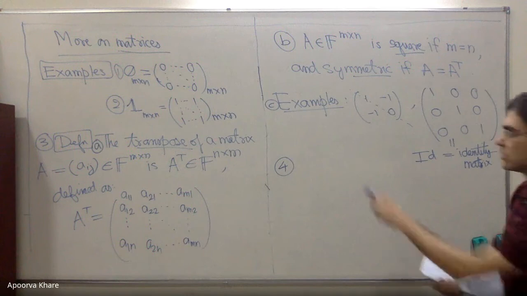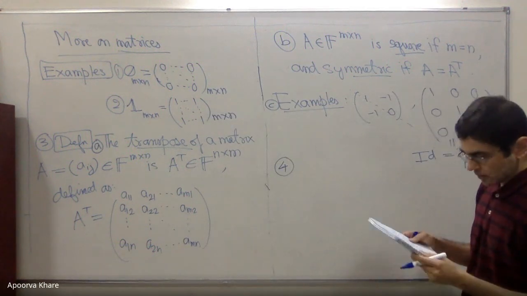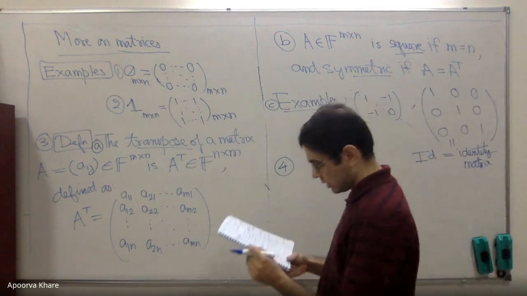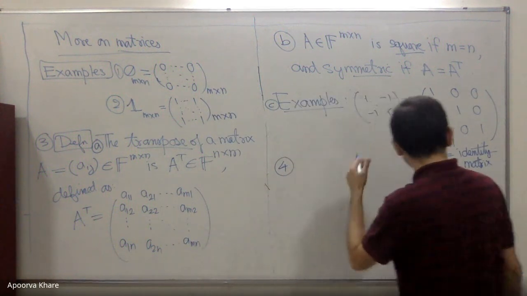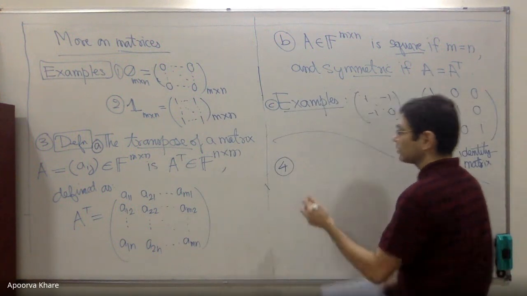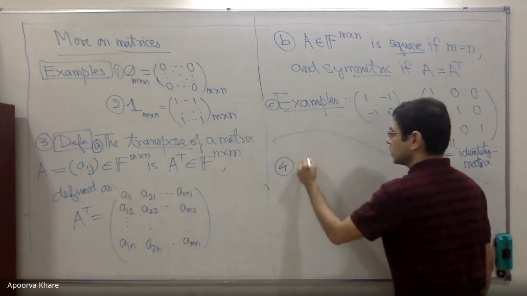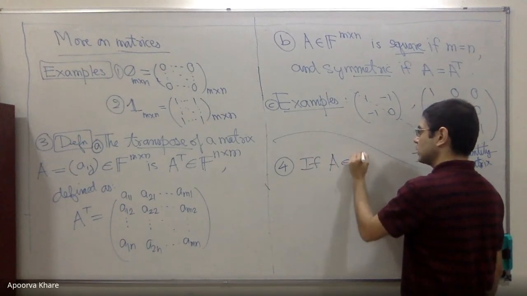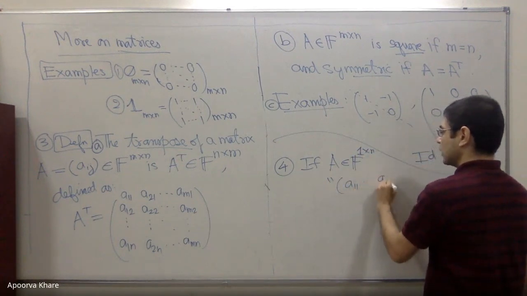Sorry, where was I here? I did square, symmetric matrix. Okay, let me stop in one more minute. What if the matrix is only one row? If A belongs to F to the 1 cross n, then this is something like A11 through A1n.